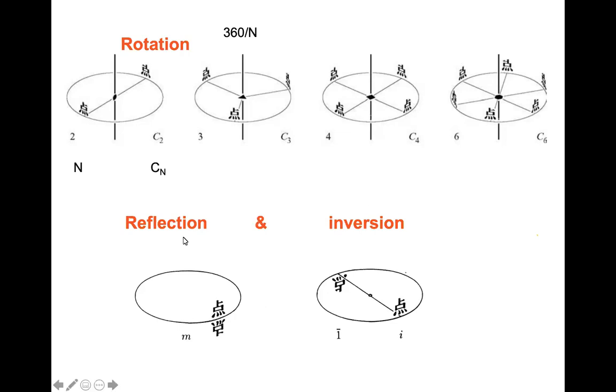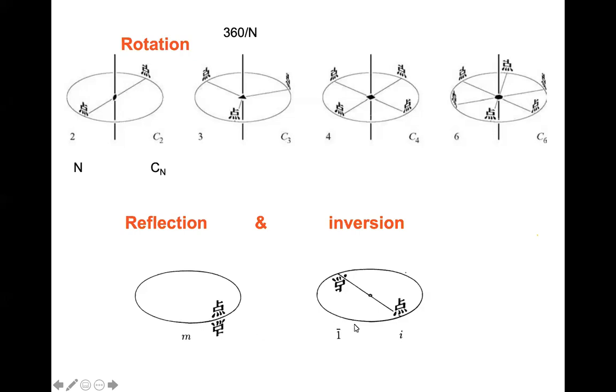So now reflection symmetry. So this is translation, rotation, and then reflection. So reflection, for example, I take an object here, I put a mirror plane, okay, like this. What will happen? This will come here. So these two are related by mirror plane. Inversion.